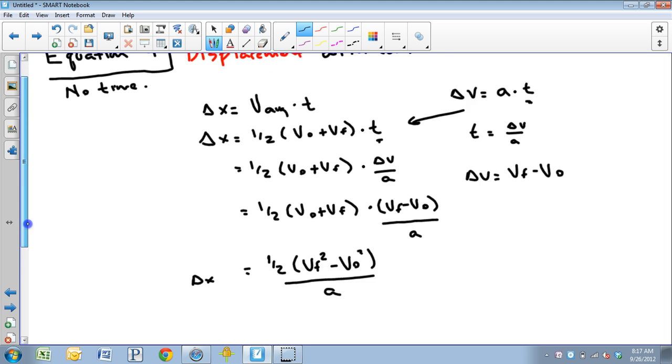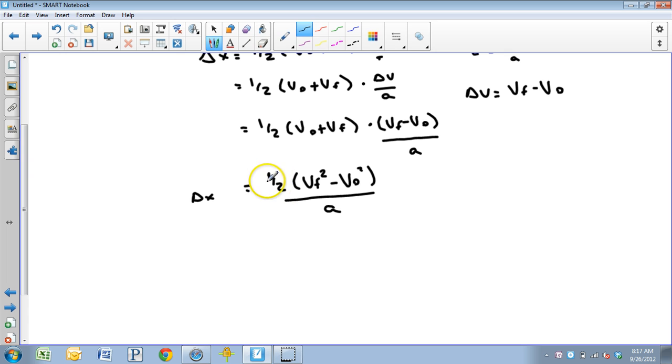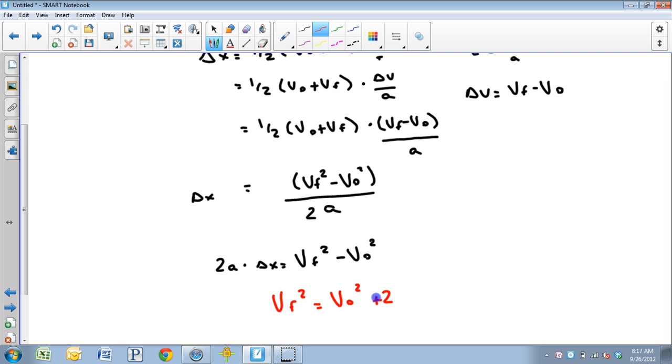So now, if I rearrange this equation, I can bring the 2 down here, and I can rearrange this to say that 2a times delta x is equal to V final squared minus V initial squared. And the typical way that we report this equation is like this: Vf squared equals V0 squared plus 2a times delta x. And that is our fourth equation.